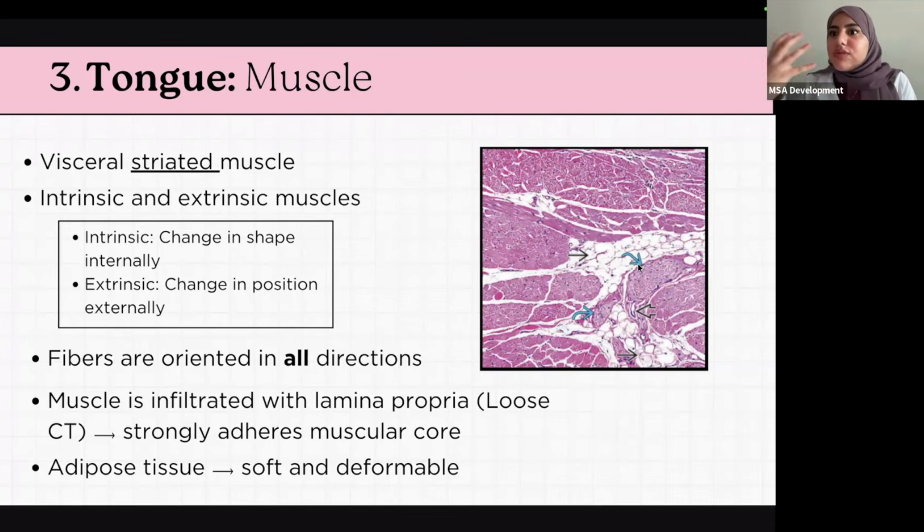And in obstructive sleep apnea, once your tongue gets so big, when you sleep it actually obstructs your airway and you begin to suffocate and get hypoxic in your sleep. I just thought that was a really cool clinical correlation. So when you see a tongue histo slide, there will be adipose tissue, and you know why now.